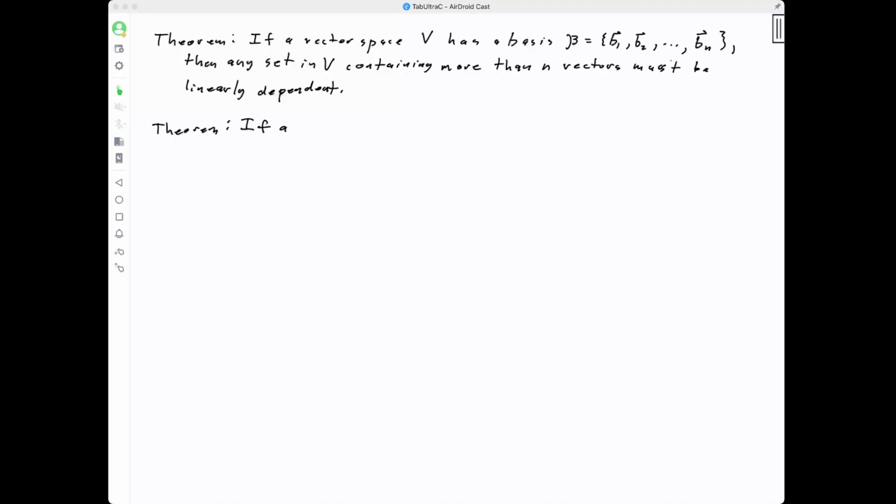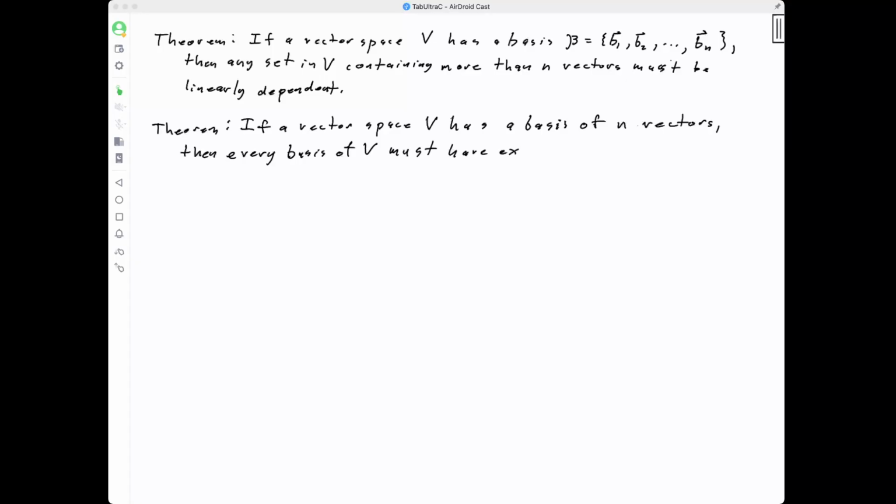So if a vector space V has a basis of n vectors, then every basis of V must consist of exactly n vectors. So all bases are the same size.